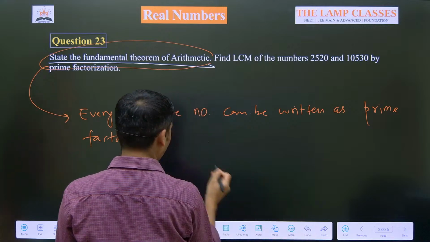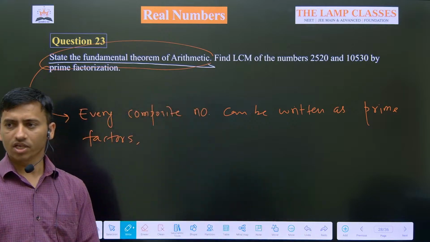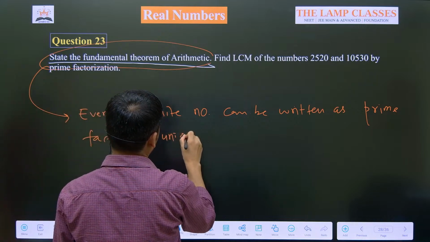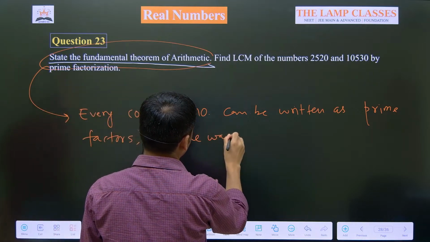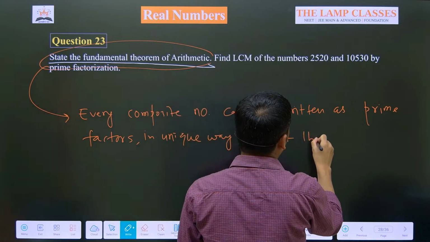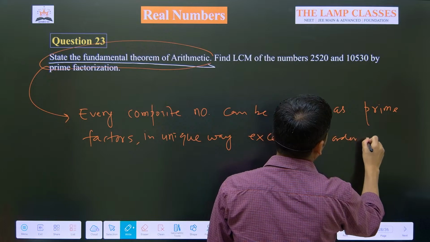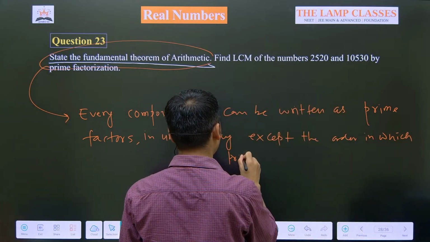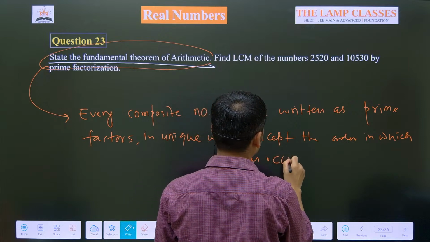It's also important to write in a unique way. Now every number will have a unique prime factorization, except the order in which primes occur.